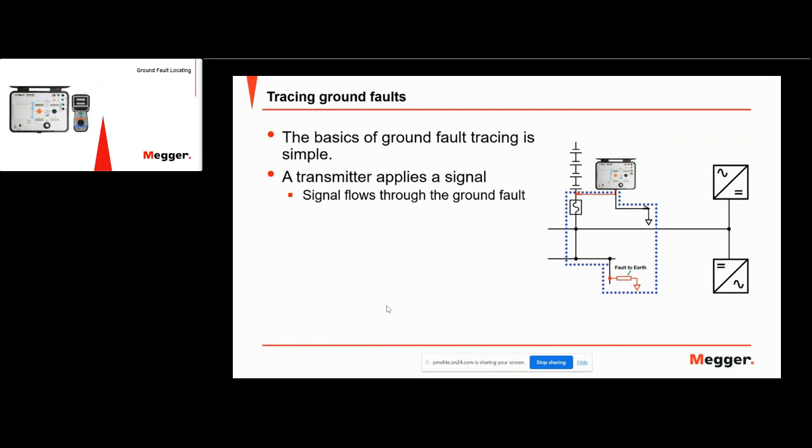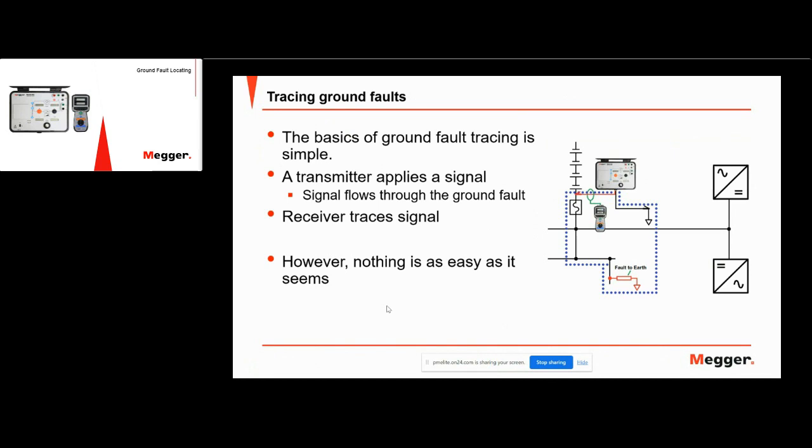We'll then put a difference of potential between them, which will push a current through the ground fault. Then we use a separate receiver with a current clamp on it to trace the path of the current to locate the ground fault. It's a very simple concept.